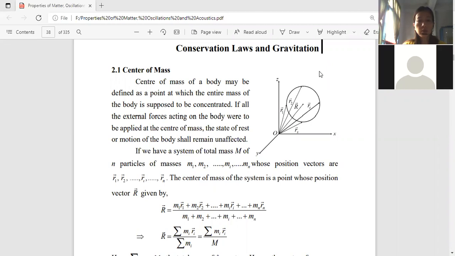We've come across gravitation and various types of conservation laws. So we'll be dealing with various types of conservation laws and gravitation, and how they affect and relate to the center of mass.